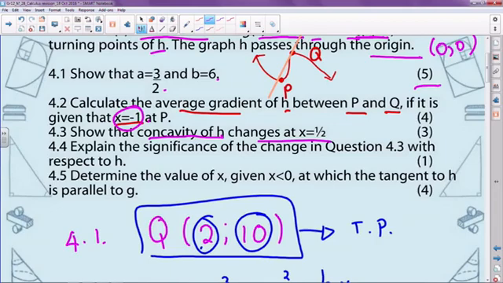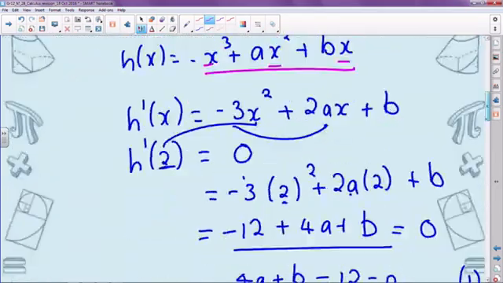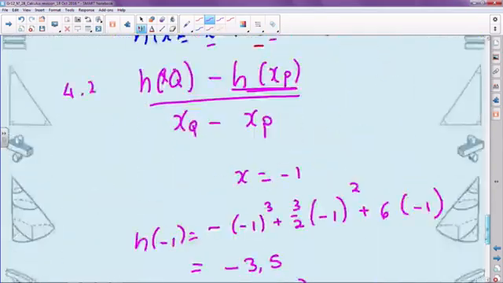So I need to look at values less than a half and then greater than a half, and show that your graph is going to be concave up and concave down after the point. So concave up perhaps before and then concave down after the point a half, and therefore your concavity will change, or the other way around. We're going to check whether we go from concave up to concave down or concave down to concave up. The first thing we need to do is work out the second derivative.